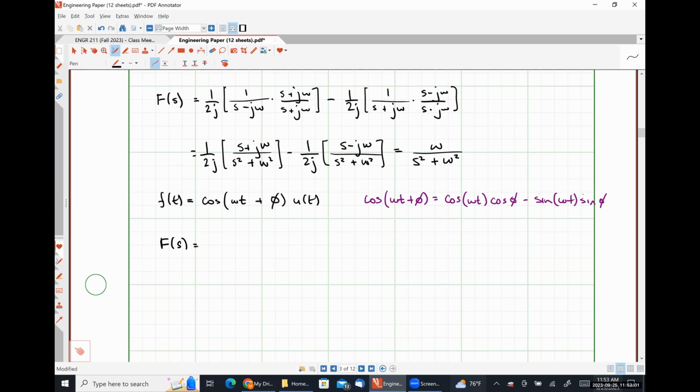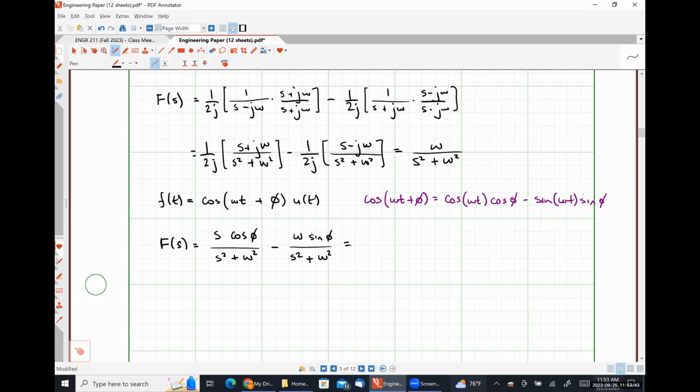the Laplace transform of just the cosine portion of this should look like s times the cosine of phi over s squared plus omega squared. The Laplace transform of the sine portion, so we're subtracting it, so I need to put a minus sign here, would be omega times sine phi over s squared plus omega squared.